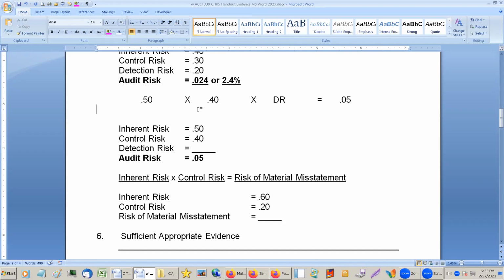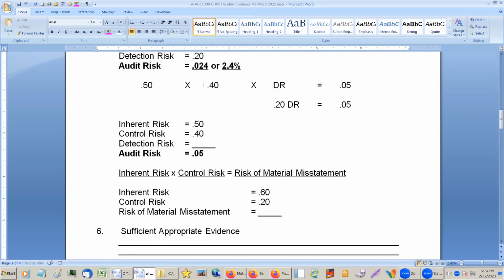Multiplying those out would be what? 0.2? So you kind of look like this. The 0.5 times 0.4 would be, I'll put them together. So the detection risk would be, so 0.2 times detection risk.